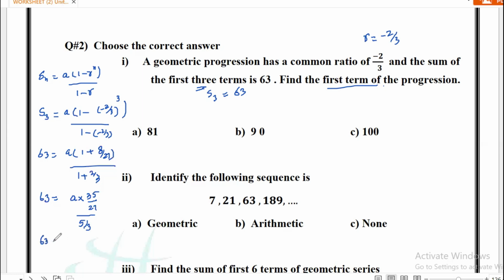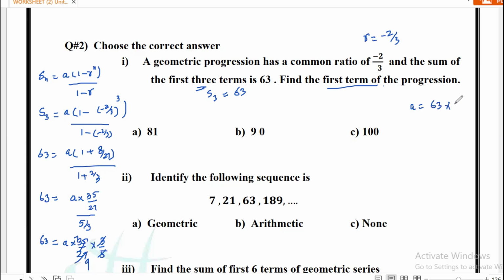We can simplify further: 35/27 multiplied by 3/5, so 3 nines are 27, and 5 multiplied by 7 is 35.